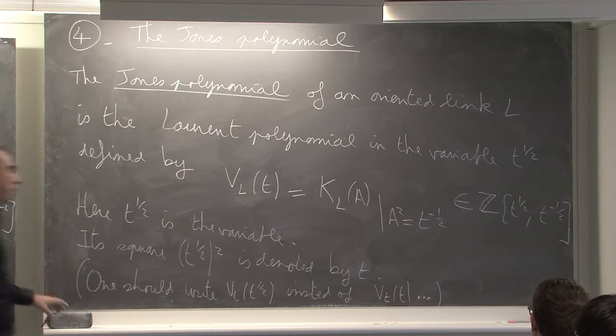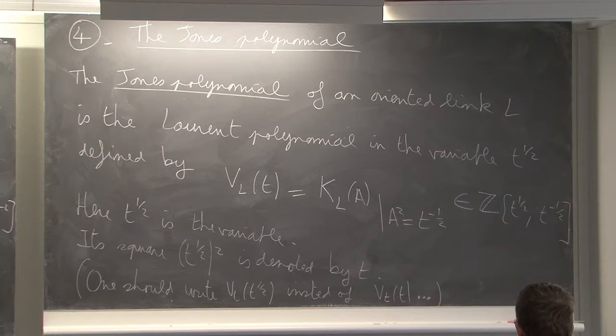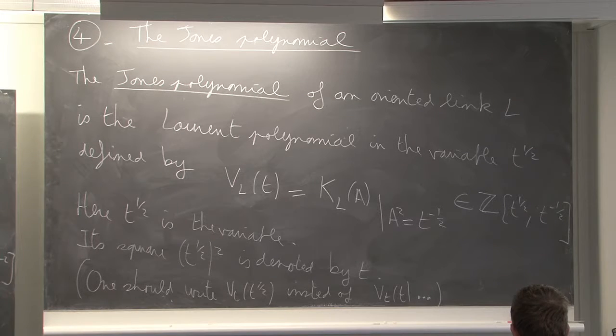And for knots, so links with one component, actually it is a Laurent polynomial in T. We will see this later.